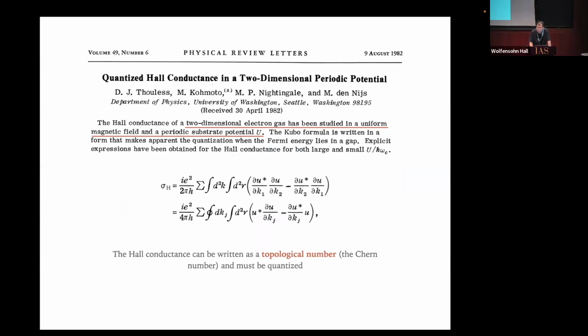where they showed that using the very standard Kubo formula, the Hall conductance can be written as the integral of the so-called Berry curvature, which is this integral here. Then this can be turned into an integration along the boundary of the Brillouin zone of a vector potential, which has to be quantized.